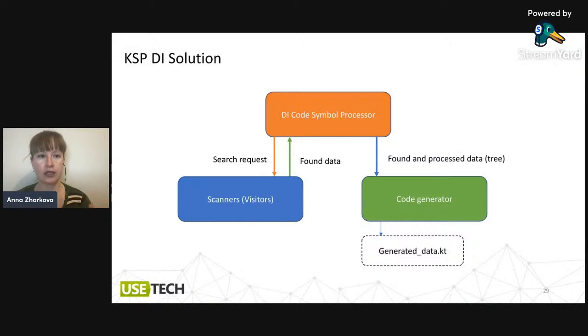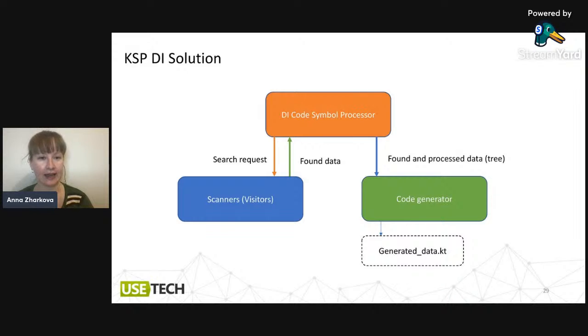So here is this special schema. The DI code symbol processor is our processor that will search for and find all the data we need to use in our solution.